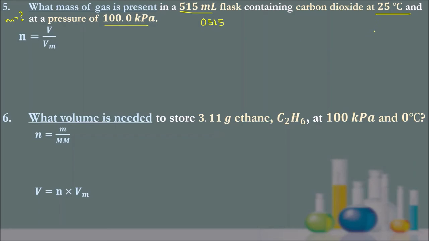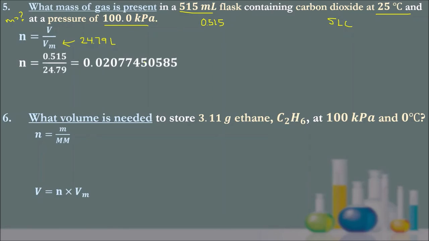So these conditions are the standard lab conditions, which means molar volume is about 24.79 liters. So you have volume, you have molar volume, substitute that in, that's the value I get. Okay, still trying to find mass, so no rounding off yet.